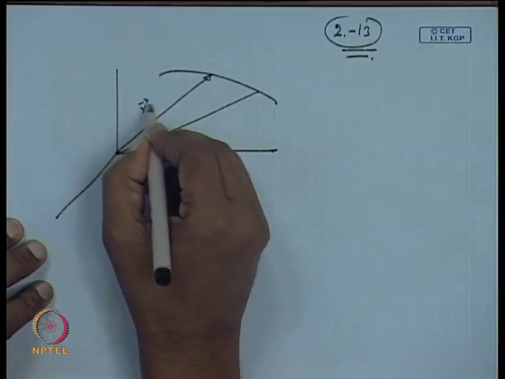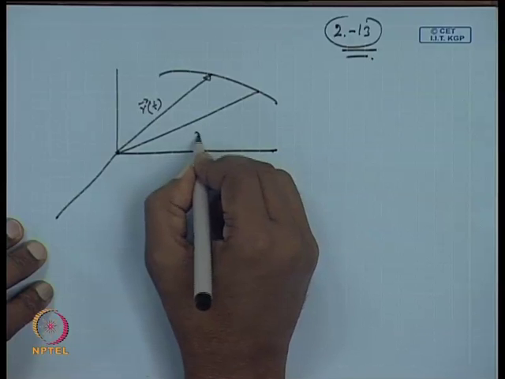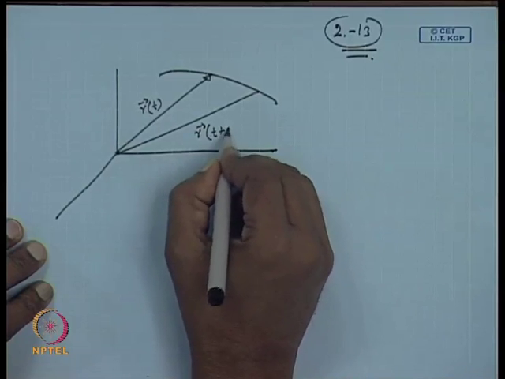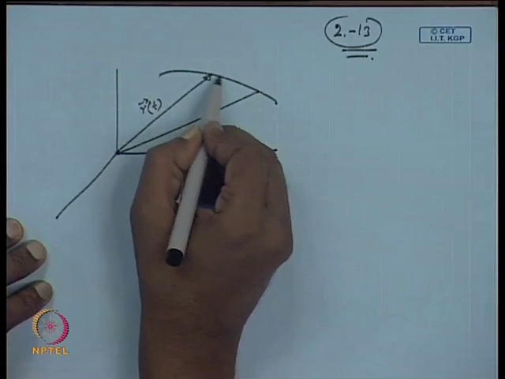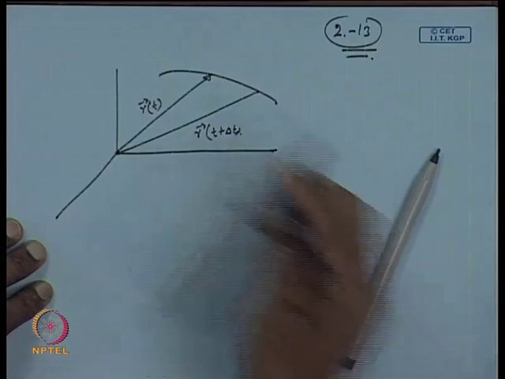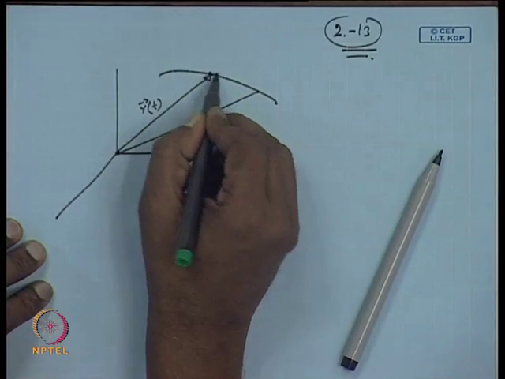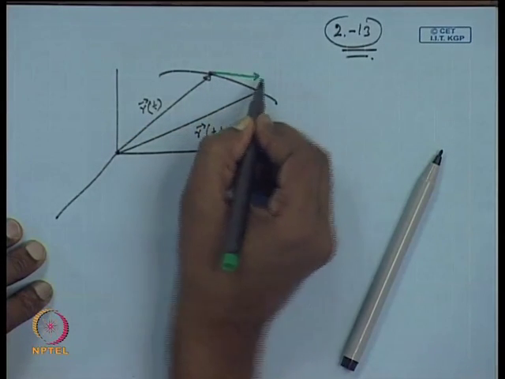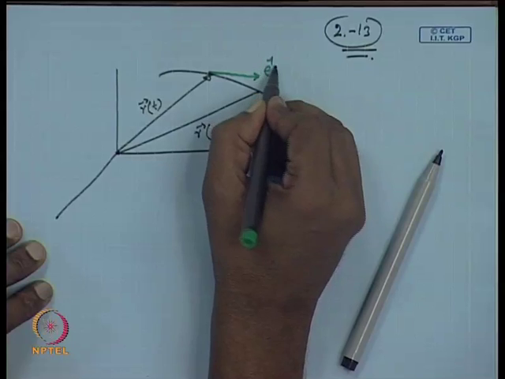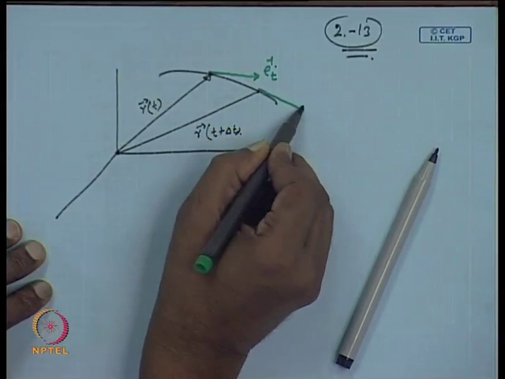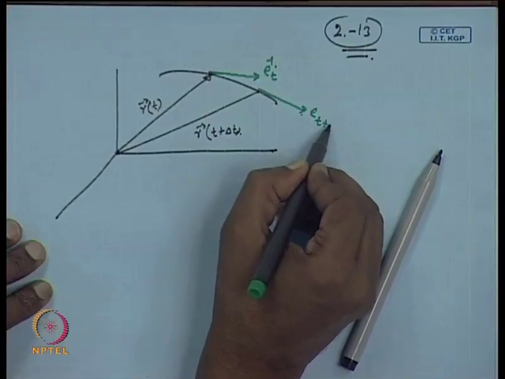Okay, this is the r vector at time t, and this is the r vector at time t plus delta t, and the tangent to this we are showing as the tangent vector at time t, and here the tangent vector at time t plus delta t.